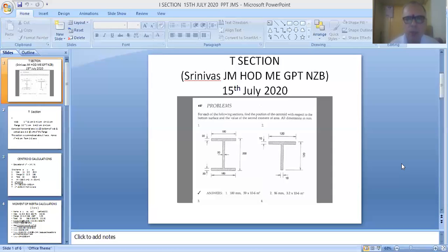Similarly, we can see a horizontal component that is referred to as the flange of the section.